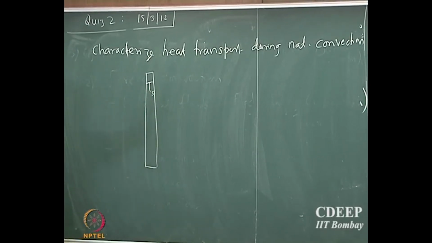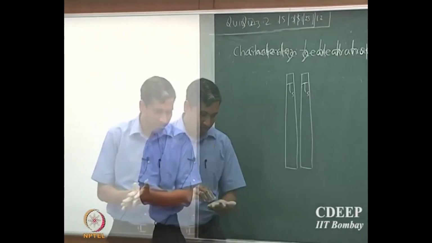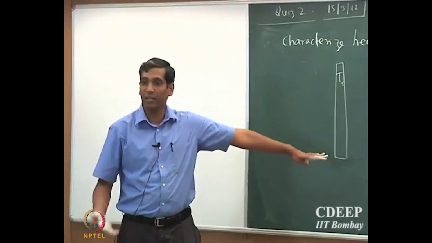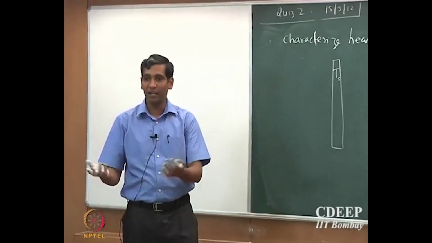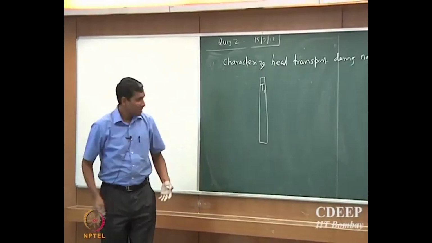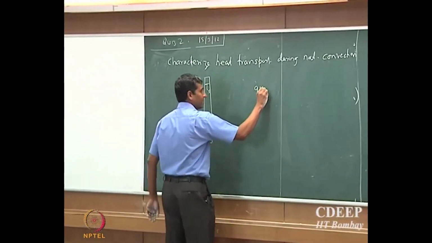The fluid is stationary, not moving, but I'm suddenly putting this into the fluid. This is not a bad example. A lot of quenching processes in industry are done this way, where a hot material is suddenly dumped into water. So suppose I have quiescent fluid.